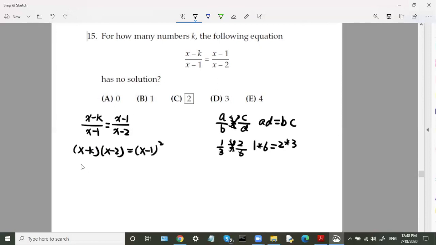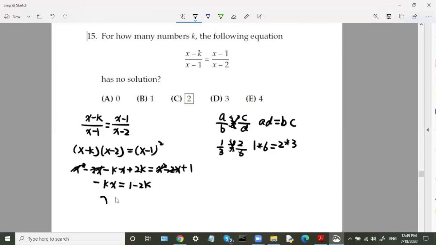So let's expand this. So this is x squared minus 2x minus kx plus 2k should equal x squared minus 2x plus 1. So we cross the same terms, we cancel them. So negative kx should equal 1 minus 2k.